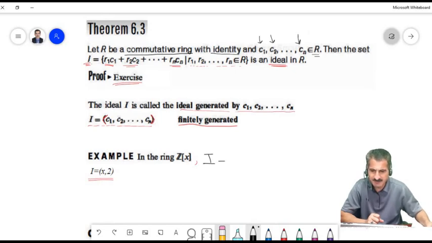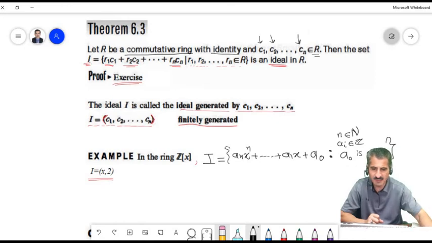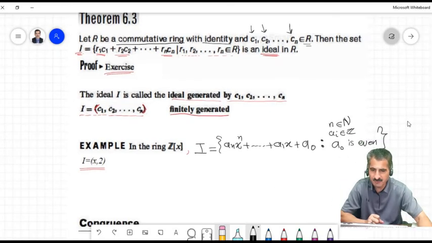So the ideal that consists of a_n x to the power n all the way till we reach a1x plus a0, such that n can be any natural number, including 0, and all the a_i are from Z, the coefficients from Z. But now here we make the stipulation that a0 is even. So actually this is the set we have talked about in two examples already.